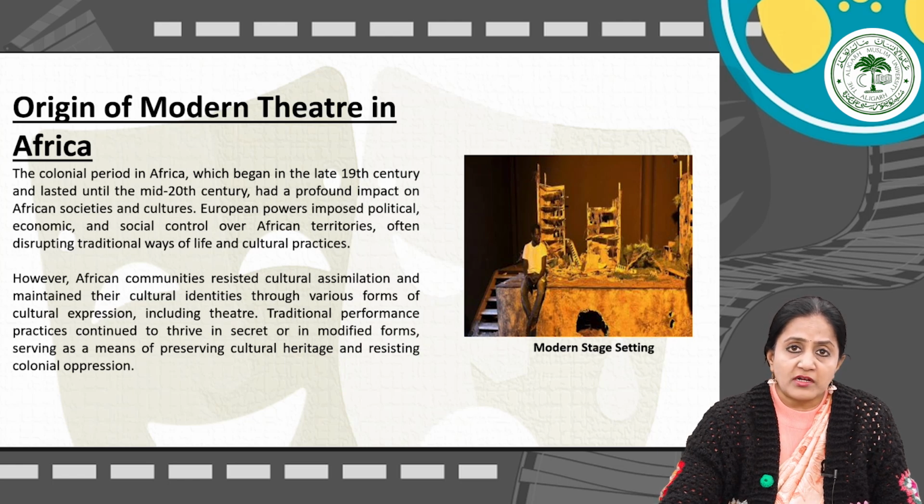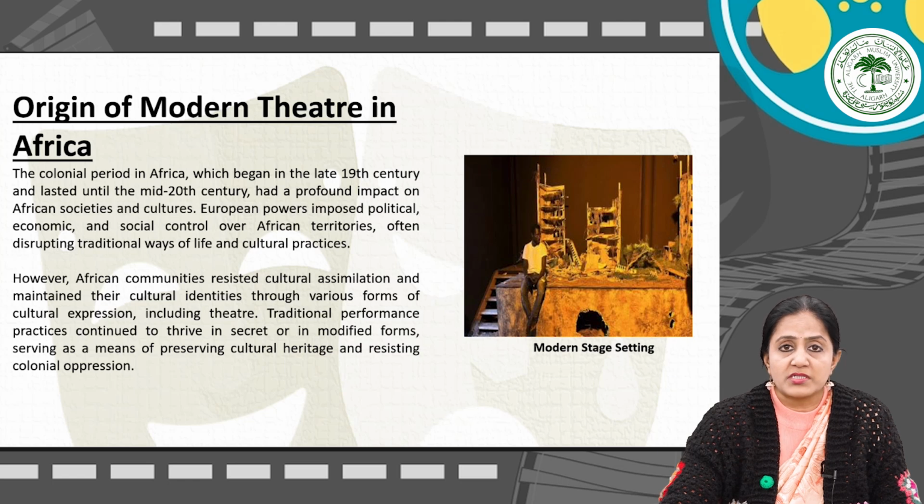So, African communities were resisting the cultural assimilation, and they maintained their cultural identities through various forms of cultural expression. And theatre also became a mode of assertion of identity.